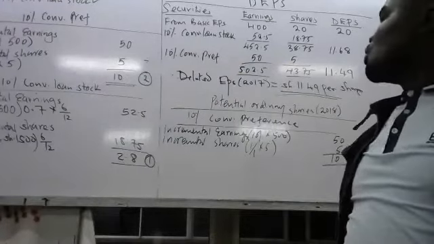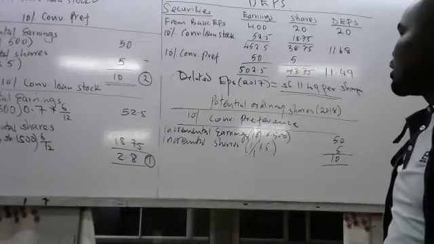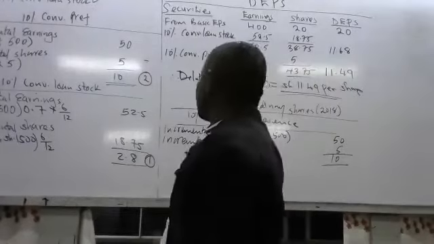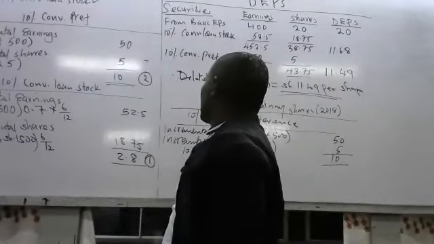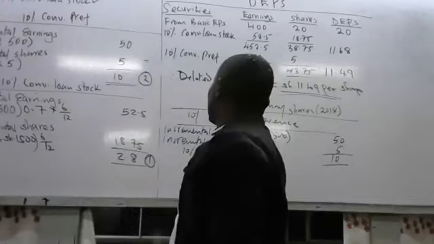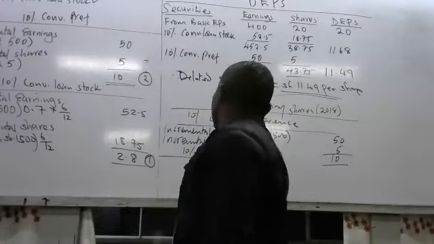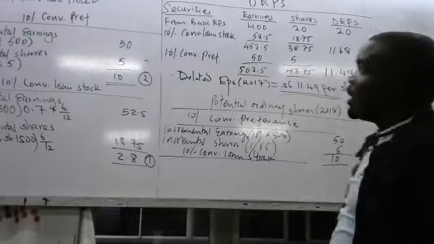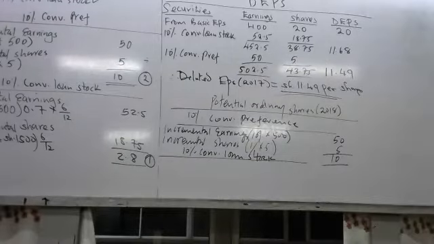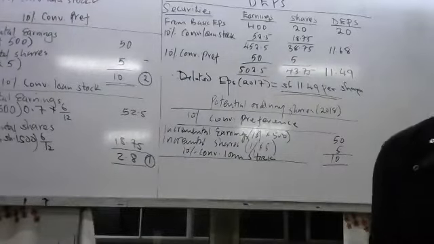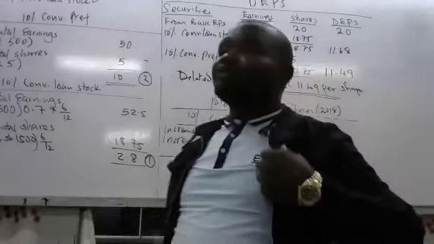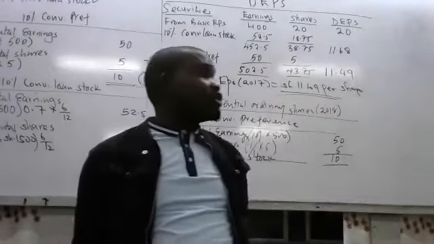Next, go to the 10% convertible loan stock. That one will have an issue. There are some people who converted into ordinary shares.